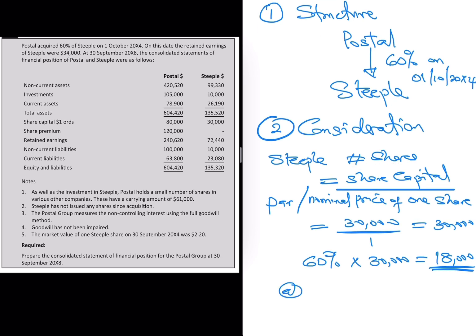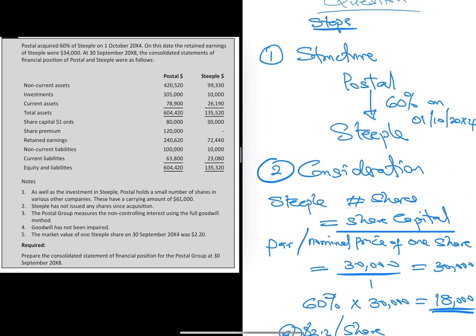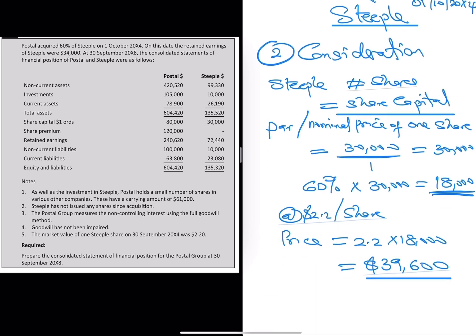The fair value of one share of Staple, that note 5, they said is 2.2. So that's at $2.2 per share. So which means the price he paid will equal 2.2 multiplied by 18,000. And that will give us 39,600. So that was the consideration. So he paid 39,600 to acquire 60% of Staple. So step 2, we've done that.